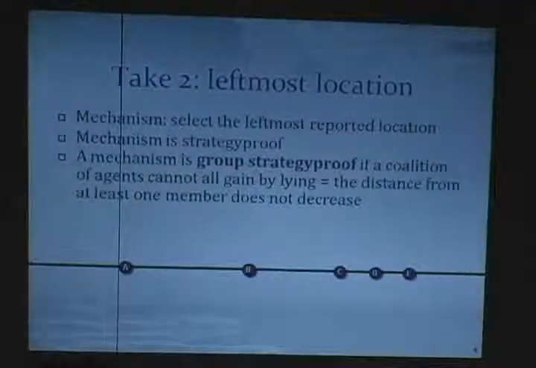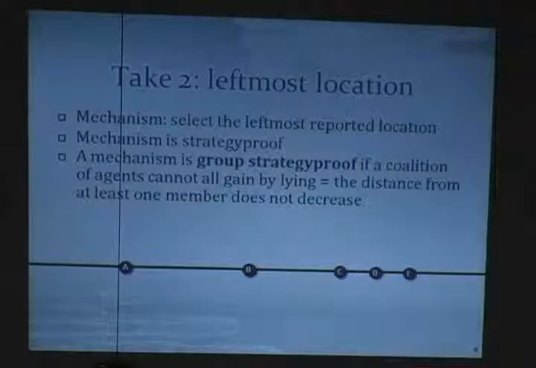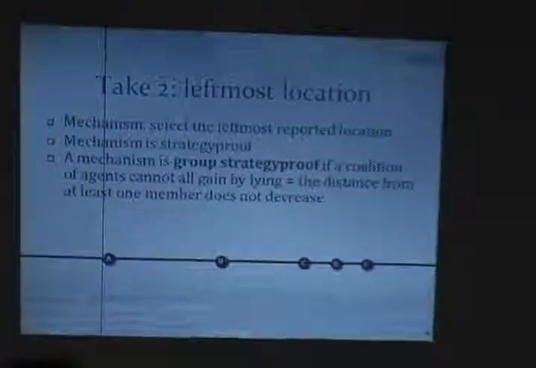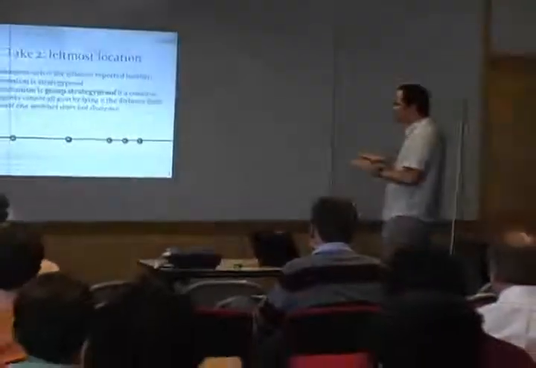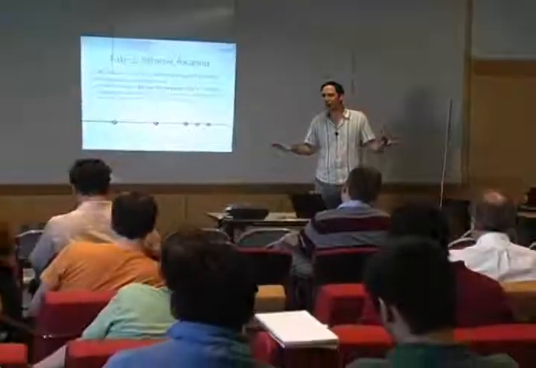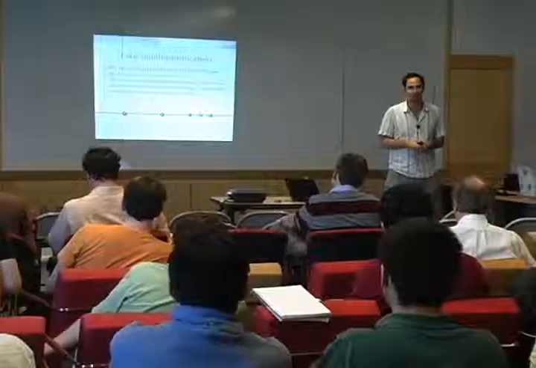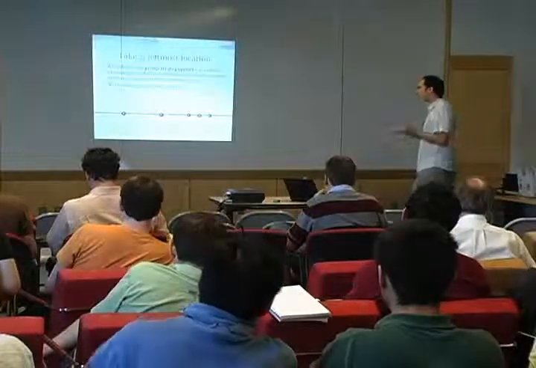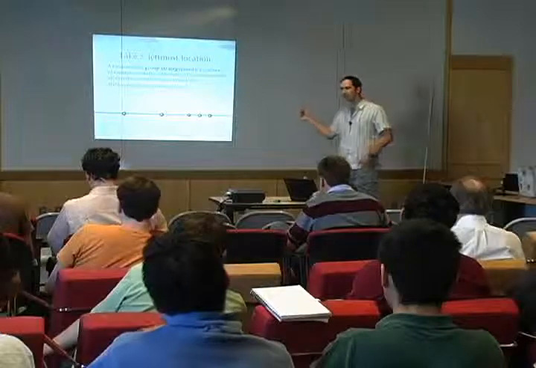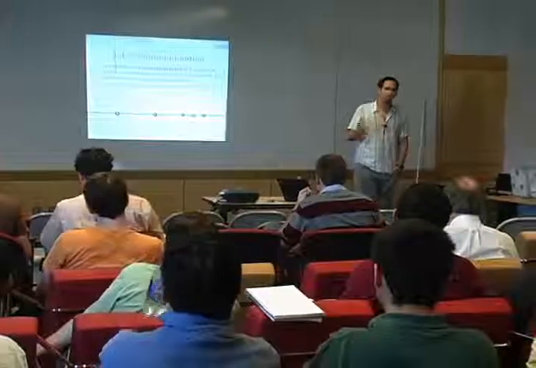That member of the coalition wouldn't want to participate in the deviation. So I want to make sure that for any coalition and for any lie of the coalition, at least one of the members doesn't gain from the lie. And you can actually verify that this mechanism, the leftmost reported location mechanism, is group strategy proof.